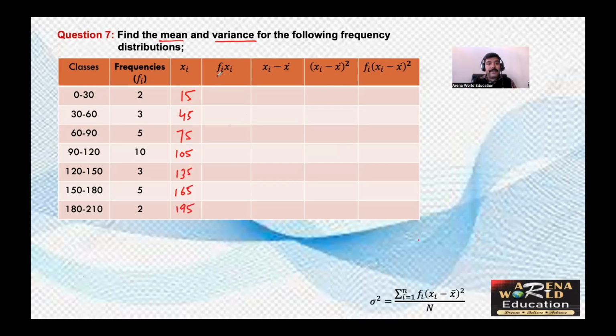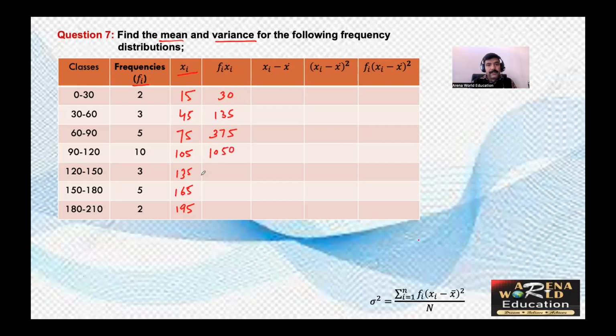Now the next step is Fi. So let us multiply each Fi with Xi. 2 into 15, yes, this will be 30. 3 into 45 will be 135. Then 5 into 75 will be 375. 10 into 105 will be 1050.